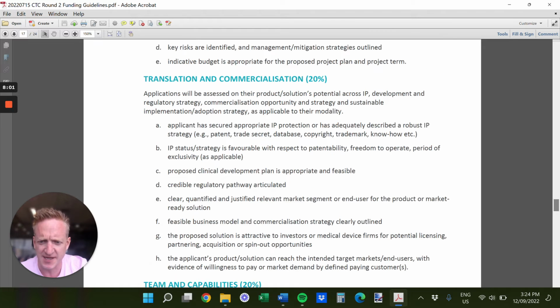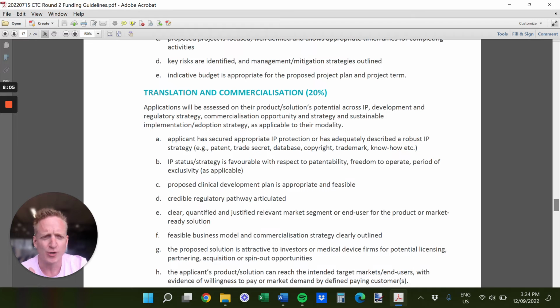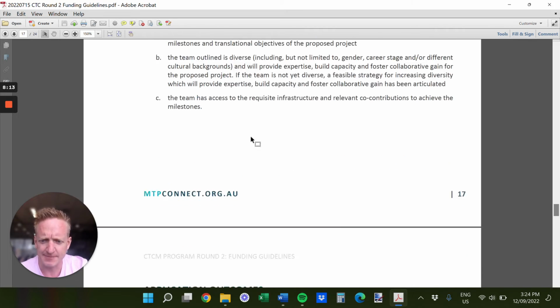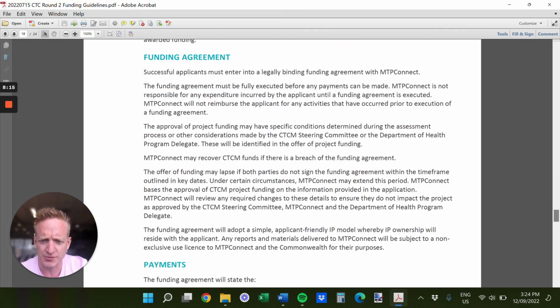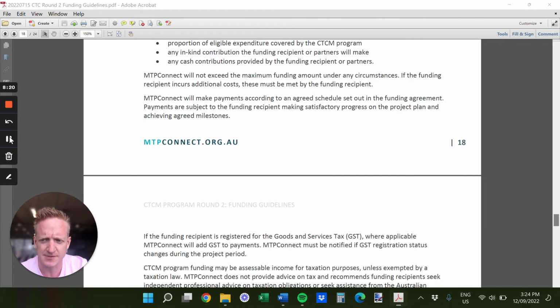But overall, this is how you're going to be assessed. In simple terms, it's who are you, what have you done, what are you going to do, why are you believable? You answer those, and that's basically the same as every other grant that's out there. So what I'll do now is flick over to the application form and go through that assessment.